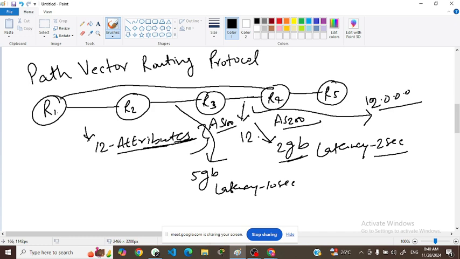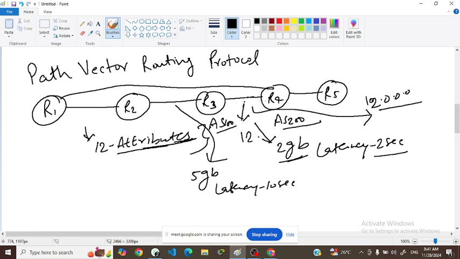Yes, sir. In addition to directly and not directly connected networks, it also shares additional information like the autonomous system, entire latency information of the path, and bandwidth. It will also share the next hop IP.